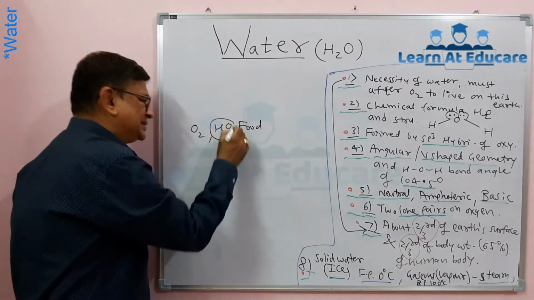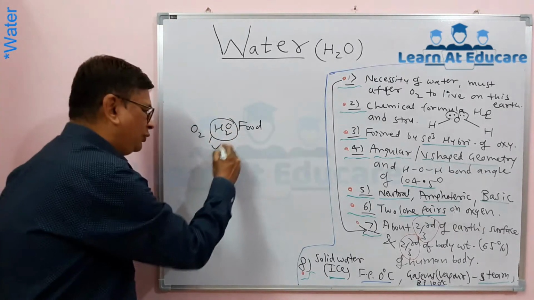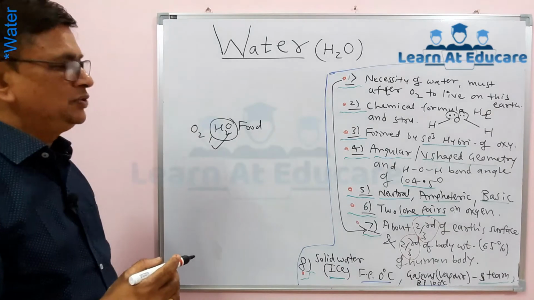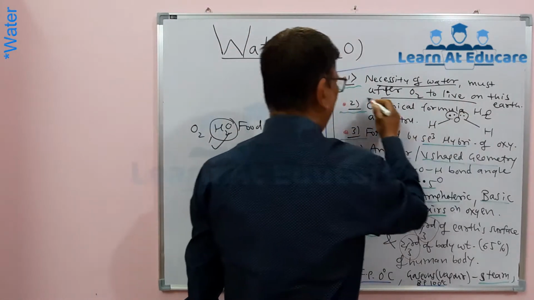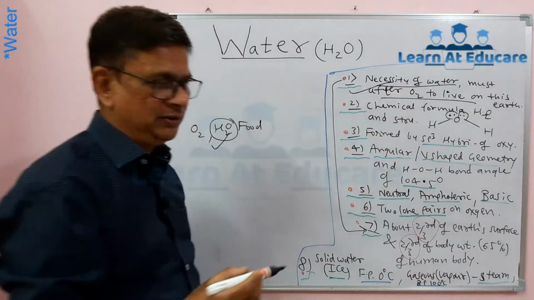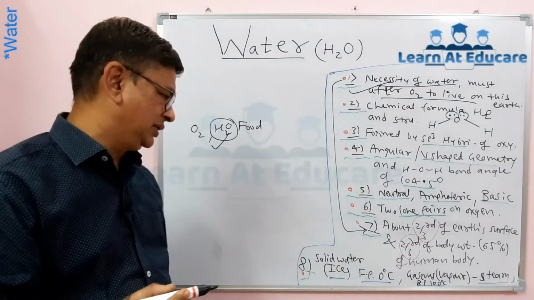Today we are taking some chemical details about water, that is H2O. So I have just mentioned the necessity of water is there, must, after oxygen, to survive our life on this earth.